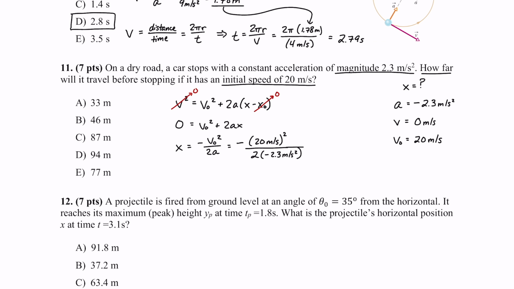If we plug these numbers into a calculator, we get that the distance traveled is 86.96 meters, which rounds to answer choice C.